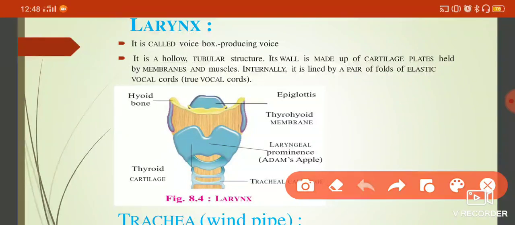Voice is produced by passage of air between the vocal cords. Vocal cords are very microscopic and elastic in nature, and modulation is created by tongue, teeth, lip, and nasal cavity.